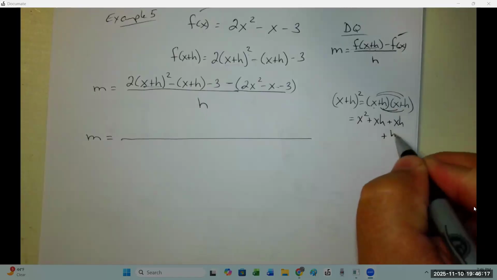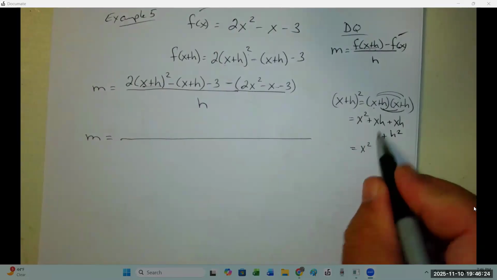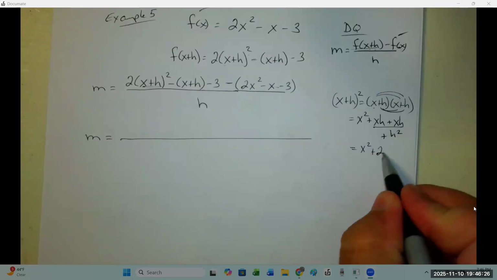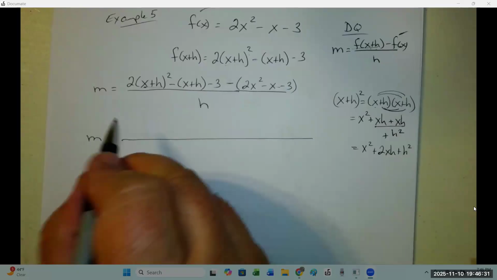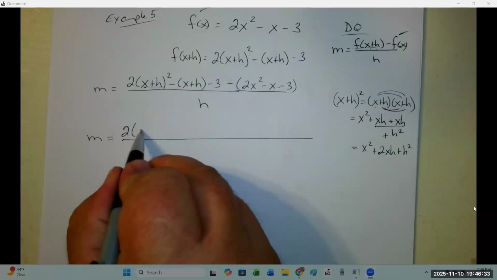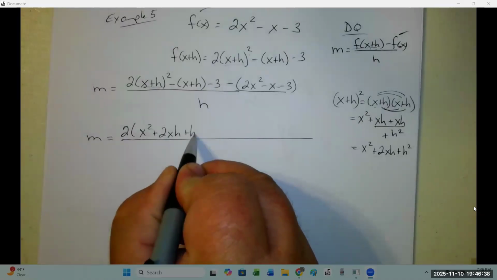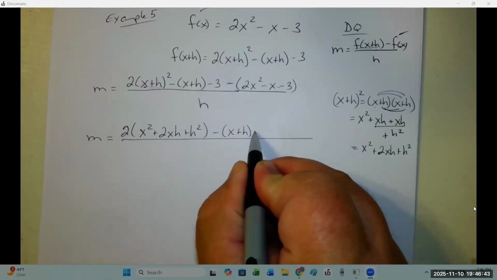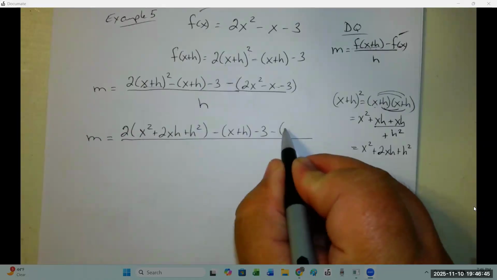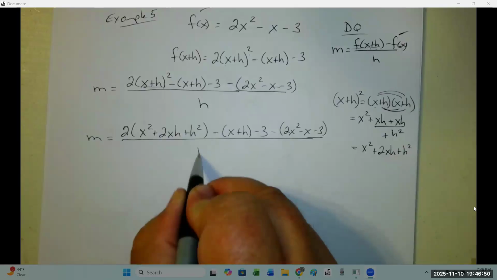H times h is h squared, and they're all pluses. So this one becomes x squared plus 2xh plus h squared. Then we have 2 times that, minus x plus h, minus 3, minus 2x squared minus x minus 3.